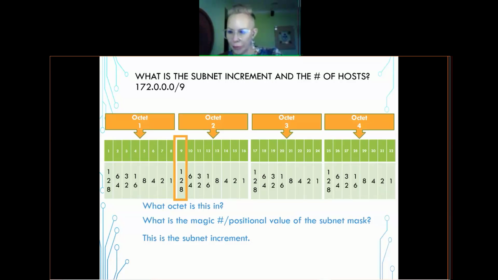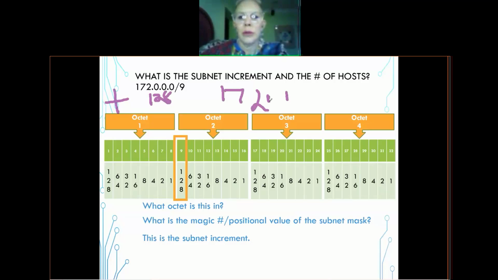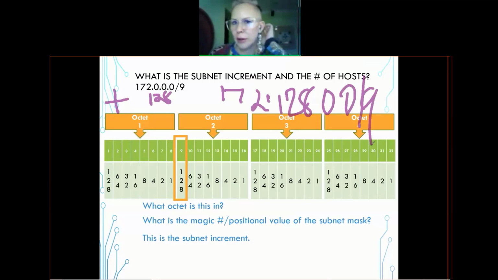That's right. So I would need to add 128 in the second octet, right? So I'd have a 172.128.0.0/9. And again, this is like a giant network, right?